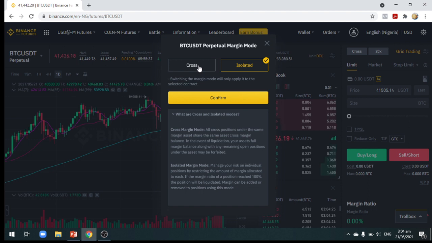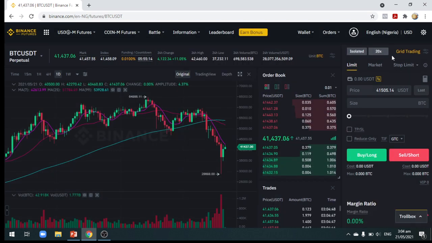But if you basically have just one open position, then there is no difference between cross margin and isolated margin in that regard. Okay, so let's say we're going with isolated margin for the purpose of this training. Once you've selected that, you can confirm, and then you've set the margin.